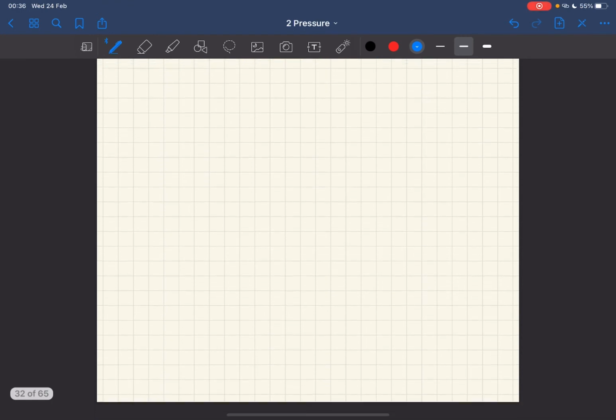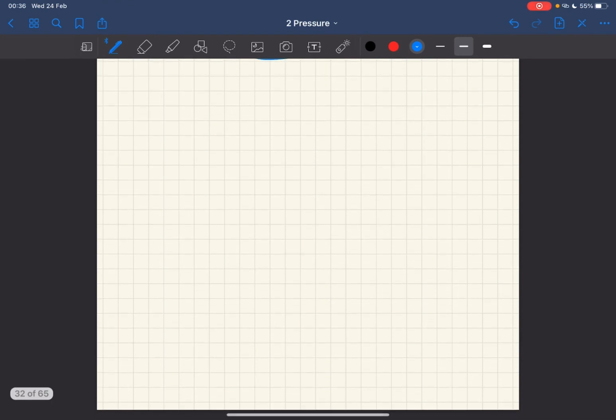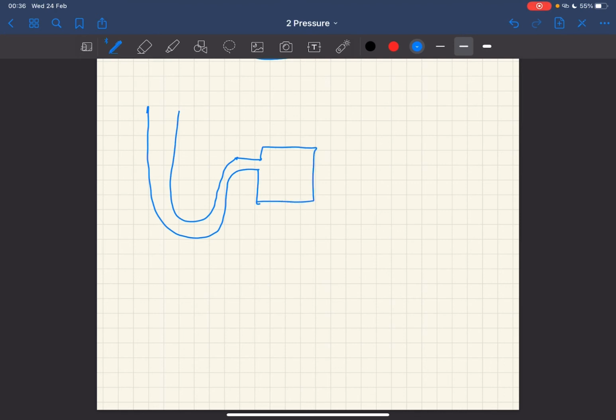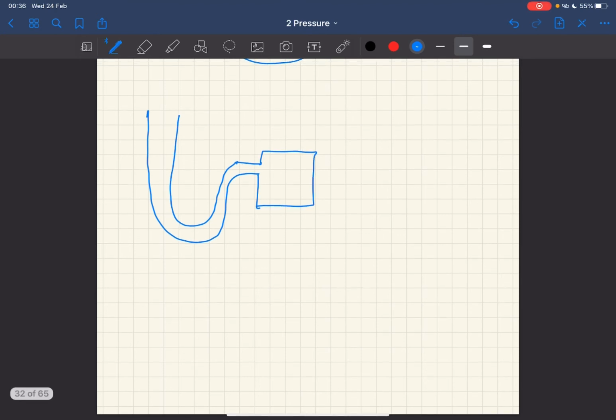Another example. This is gas X. This is atmosphere. This is the mercury.